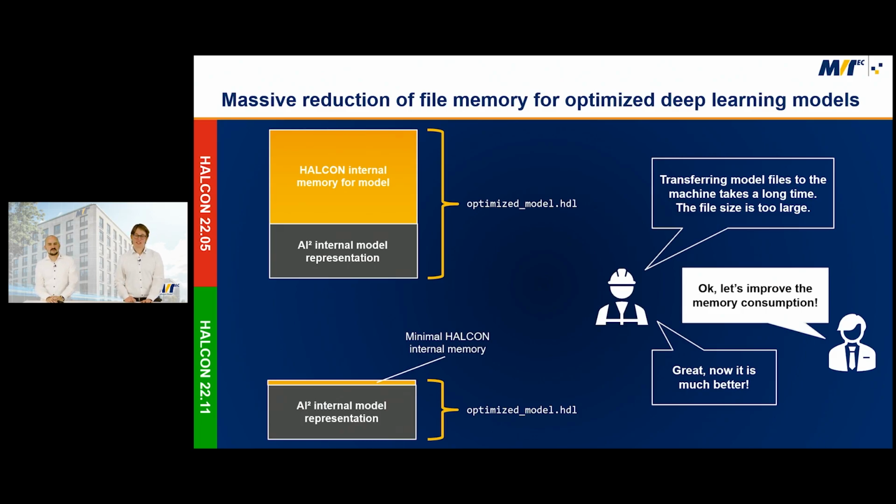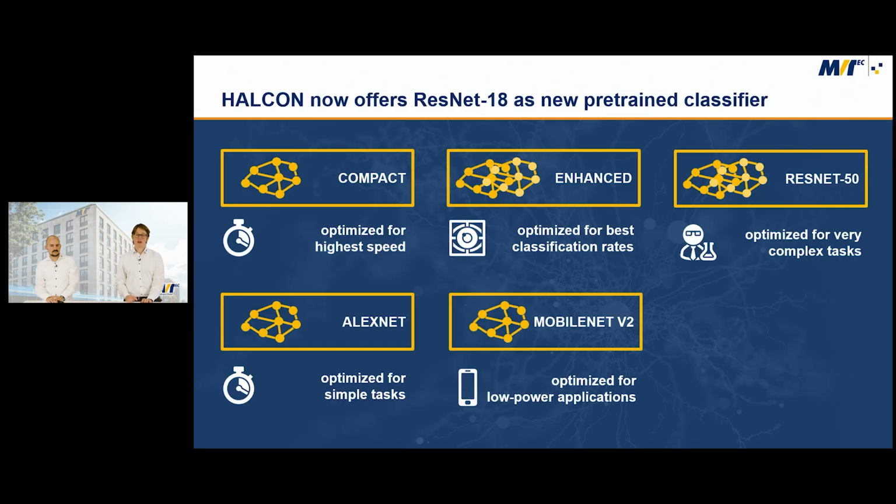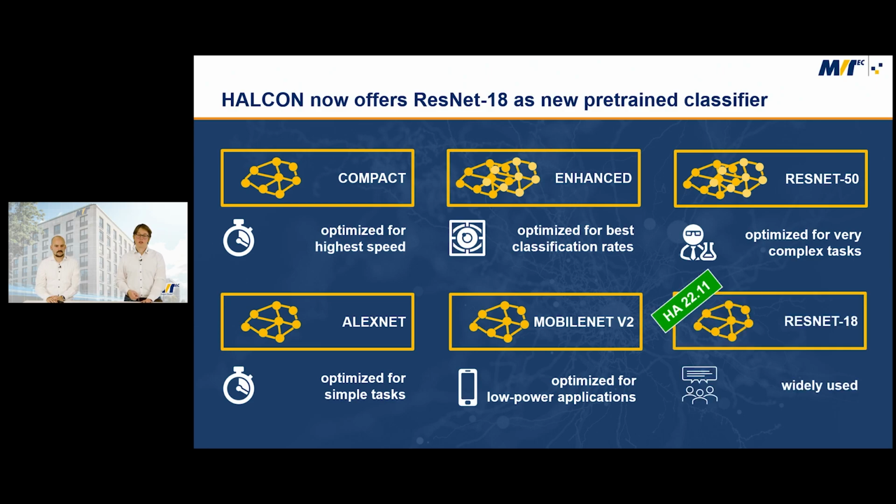Also deep learning related, we will now provide ResNet 18 as a pre-trained classifier. We were often asked about ResNet 18 and to provide it as a pre-trained classifier, and now it will join our compact network, enhanced network, ResNet 50, AlexNet, and MobileNet V2 in our chain of pre-trained classifiers.